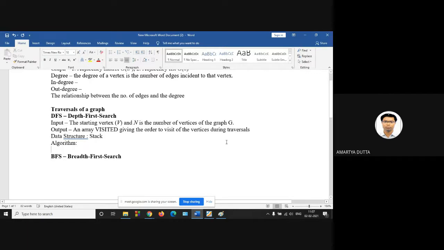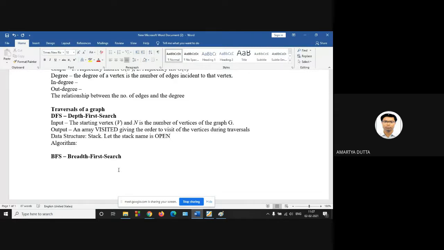Here the stack is used. Let the stack name be open. I am explaining the algorithm.